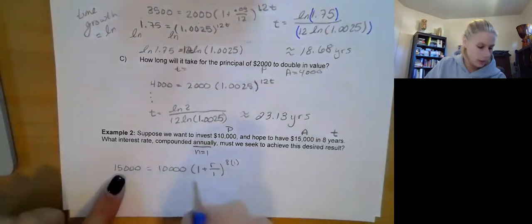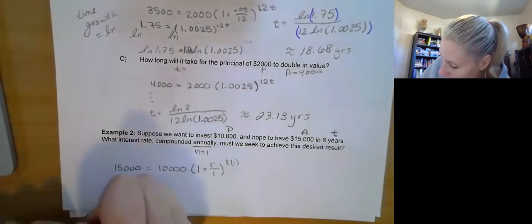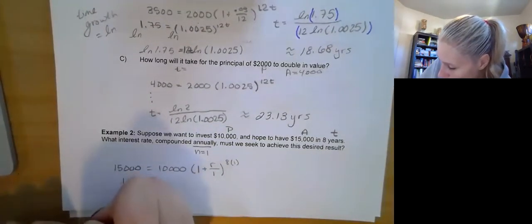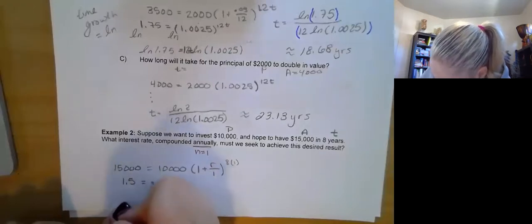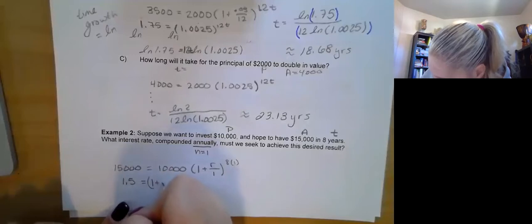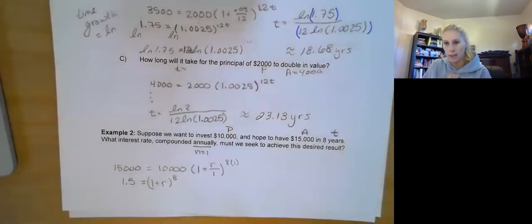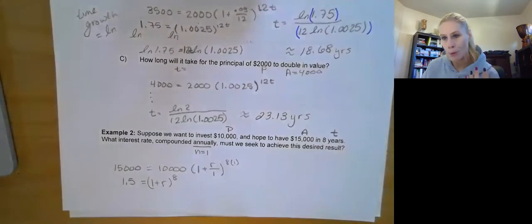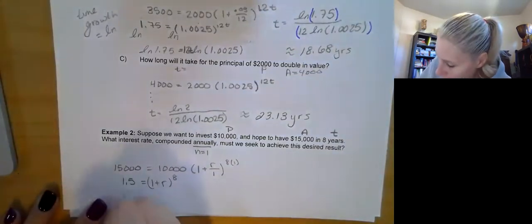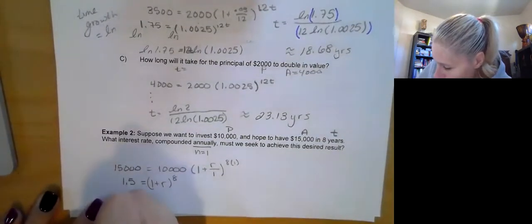So I'm going to divide both sides by 10,000. I get 1.5 equals 1 plus r to the 8. Okay, everybody see how I did that? How do you get rid of an 8th power? Well, that's the 8th root, right? So I'm taking the 8th root of both sides.